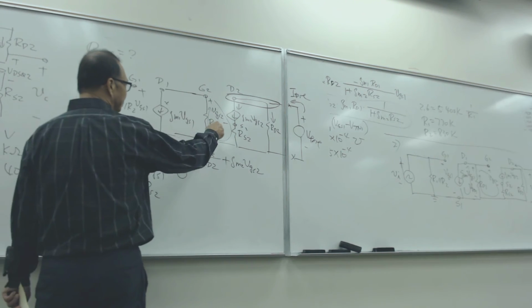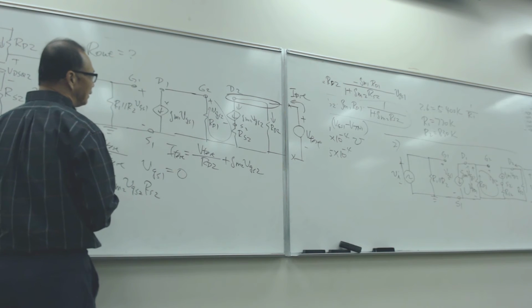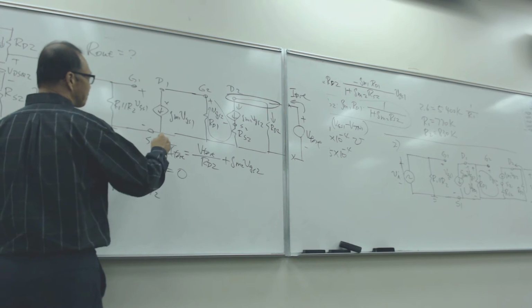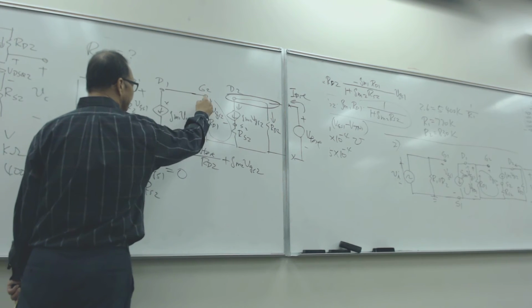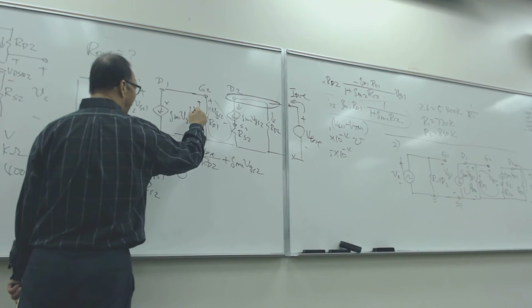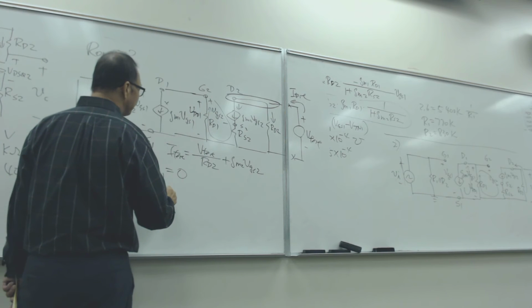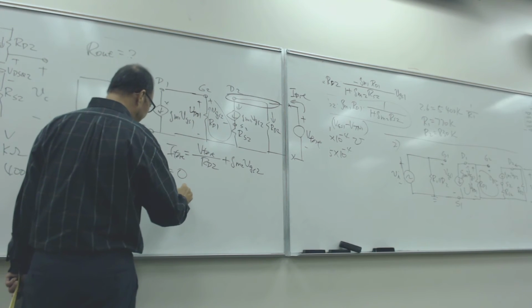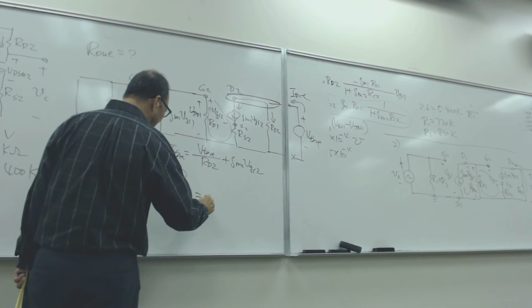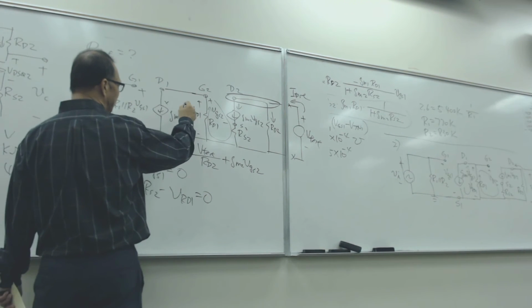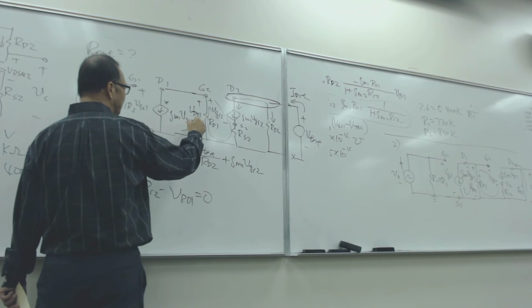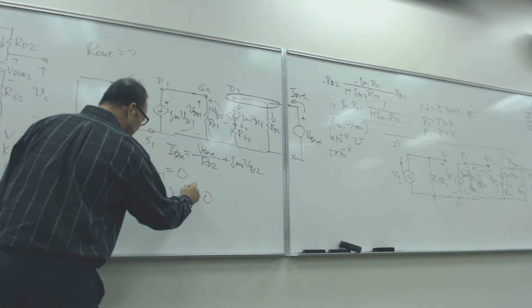And then you go up. So basically this is VRD1, right? So it's minus VRD1 equal to 0. But VRD1 is what? 0, right? Because this current is 0. So there's no voltage drop, right? So therefore this is 0.